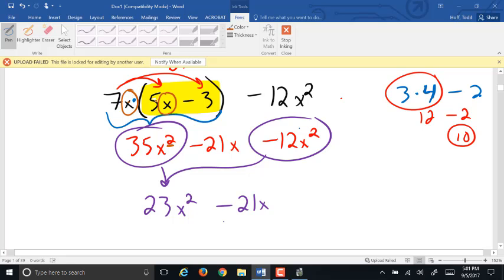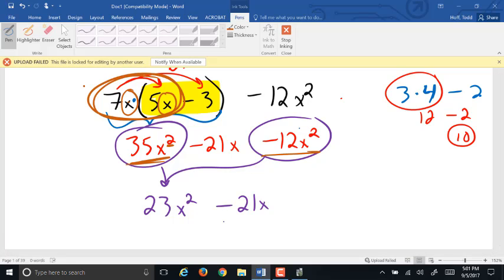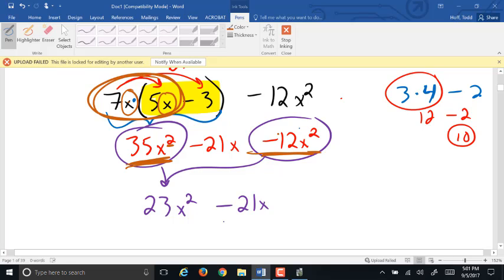Why did we combine powers there? But here, why did we keep it x squared? Well, because up here we were multiplying. And remember, when we multiply, we combine the names, so we combine the powers on the variables. Down here, we were adding or subtracting, and when we add or subtract, we keep the same name. We keep the same power on the variable.